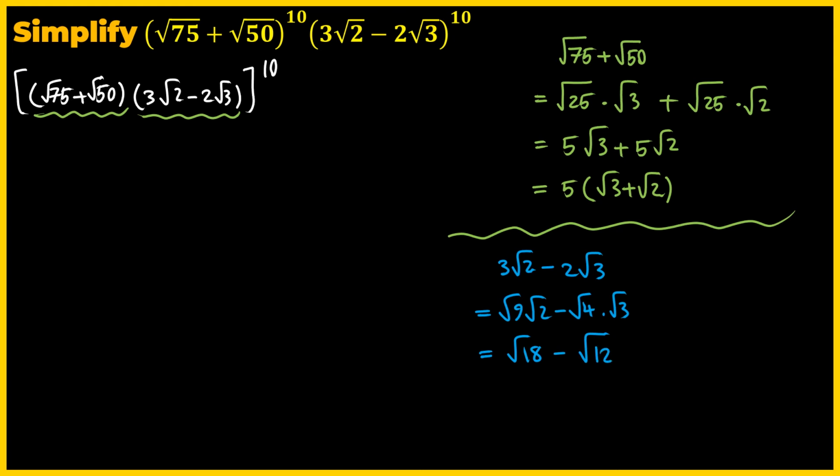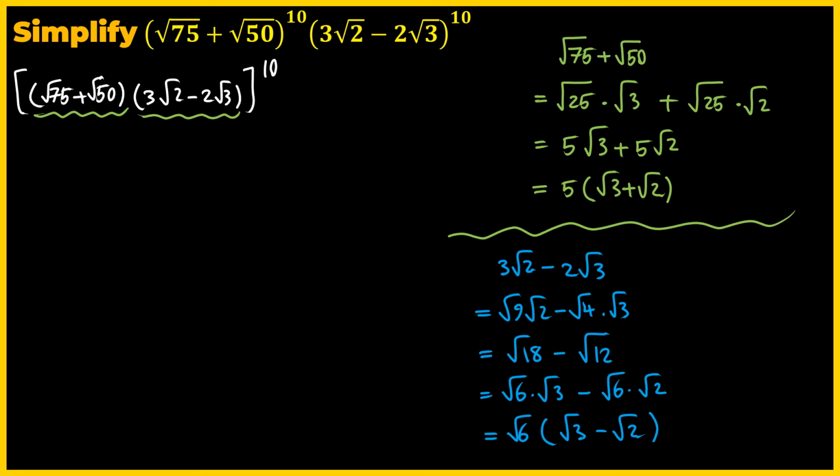Now, since 18 and 12 have a common factor of 6, we can rewrite root 18 as the square root of 6 times the square root of 3, and then we can rewrite root 12 as root 6 times root 2, and by doing that, we can factor out root 6, and we get root 6 times the quantity, the square root of 3 minus the square root of 2.